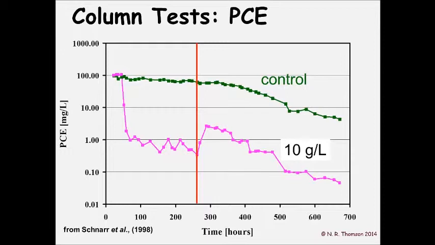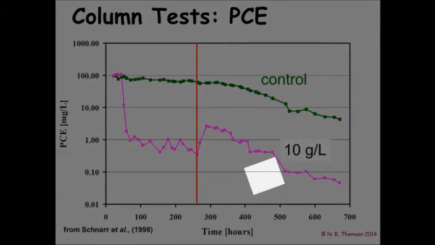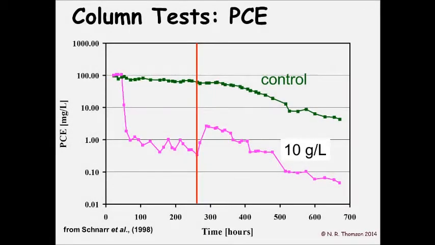One can quickly see that the PCE in the effluent was suppressed. Once the oxidant was removed from the inflow, there was a slight rebound in the concentration, and then the behavior of the treatment column is very close to the behavior of the control column.